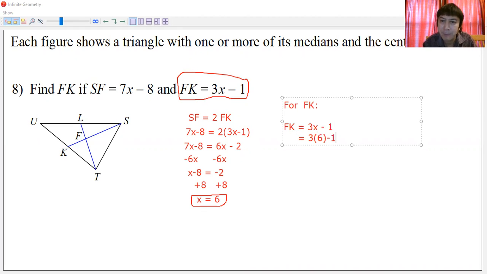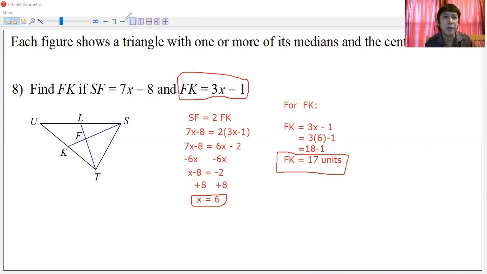And we have 18 minus 1, which gives us FK equal to 17 units. There. And so we have the answer. Our answer must be 17. Okay, let me do it carefully. All right, there.